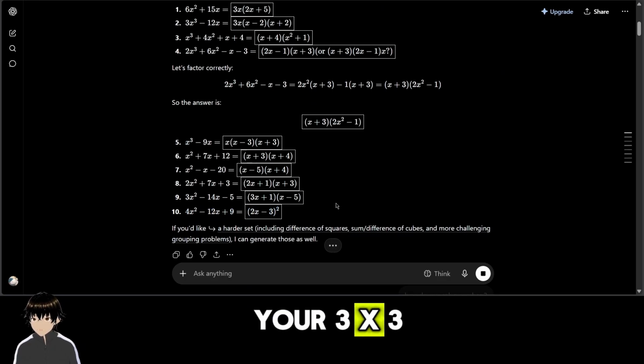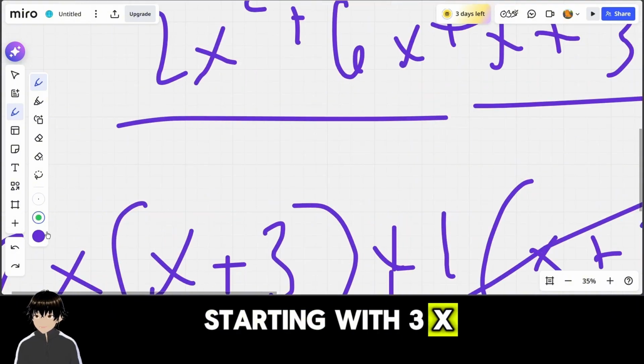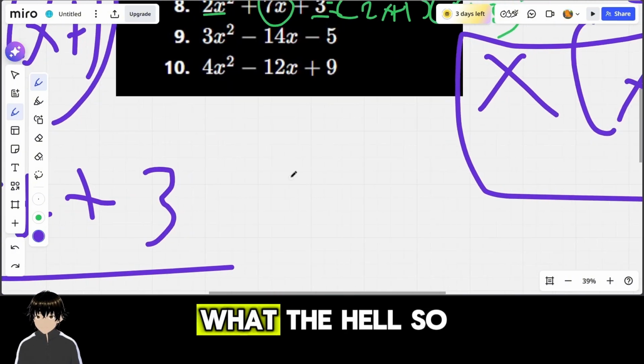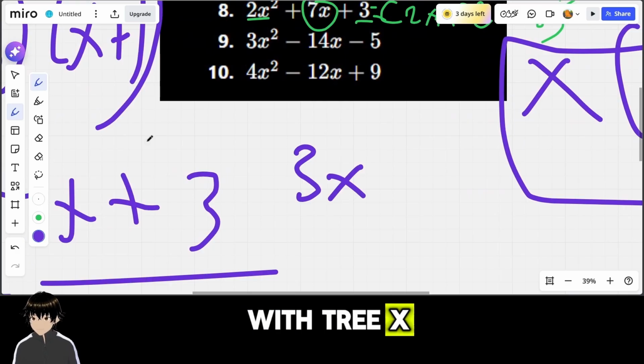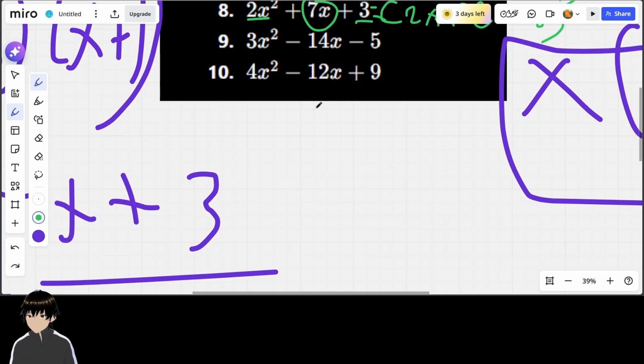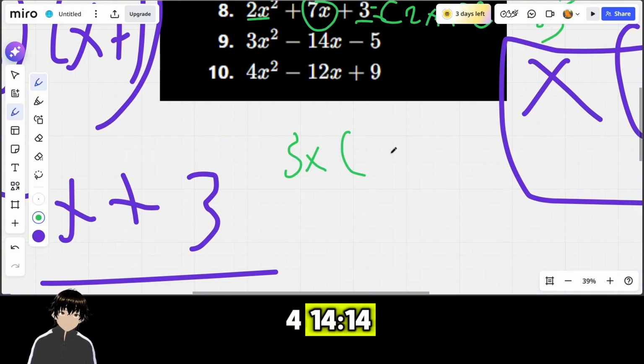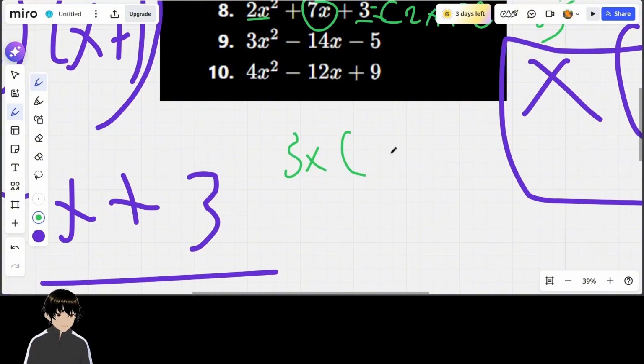It says here 3x plus 1. So I guess we're starting with 3x. We have to start with 3x. Three, negative 14. Hold on, let me check.